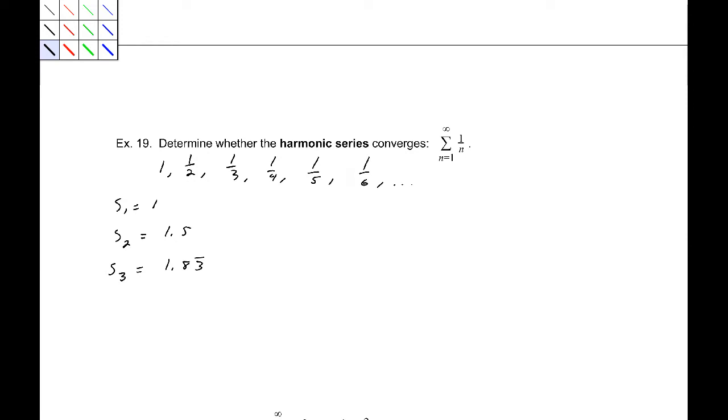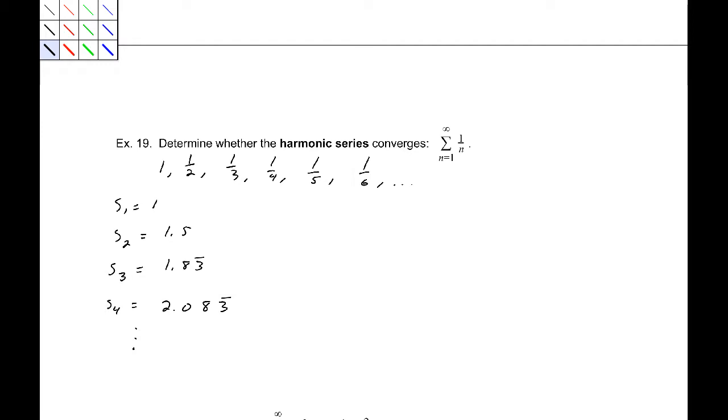So again, S1 is 1, S2 is 1 plus 1/2, S3 is 1 plus 1/2 plus 1/3. S4 is 1 plus a half plus a third plus a fourth, which is 2.083 repeating. And we just continue in that way.